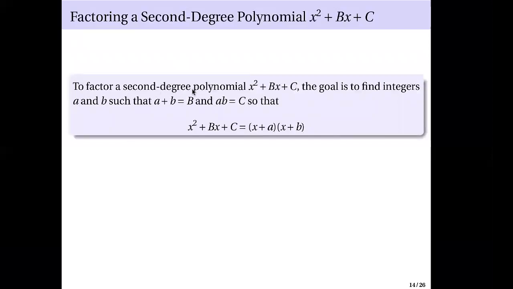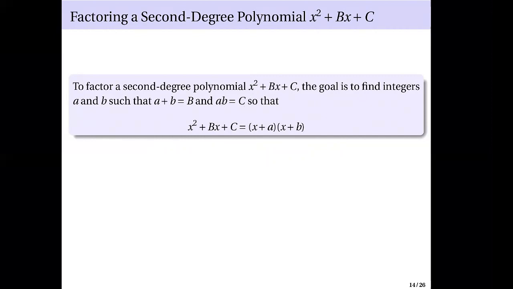To factor a second degree polynomial x squared plus bx plus c, the goal is to find integers a and b such that a plus b equals capital B, and the product ab is equal to capital C, and therefore x squared plus bx plus c can be factored into (x plus a) times (x plus b).